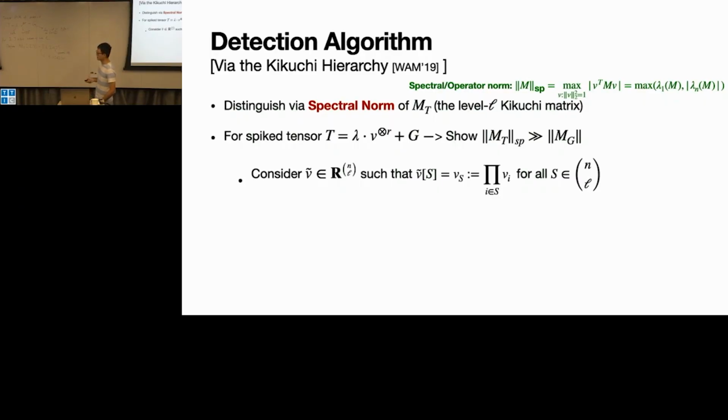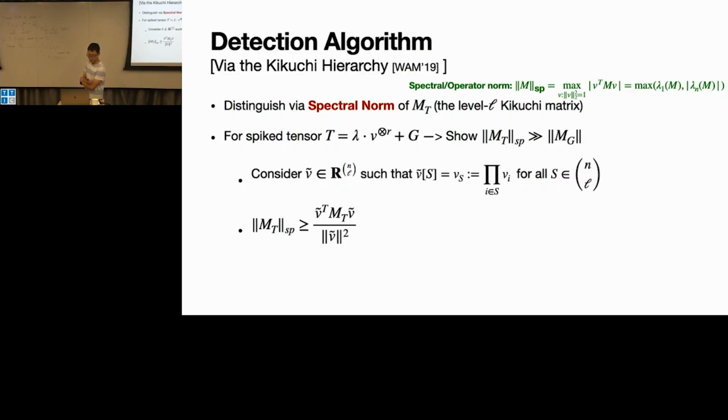We are going to consider a test vector V tilde in dimension n to the L, indexed by a subset of size L again, where for each entry V tilde S, we put the product of V_i over i in S. This is a vector you can build if you know the signal. Then we are going to lower bound the spectral norm of this Kikuchi matrix by evaluating the quadratic form on this test vector.